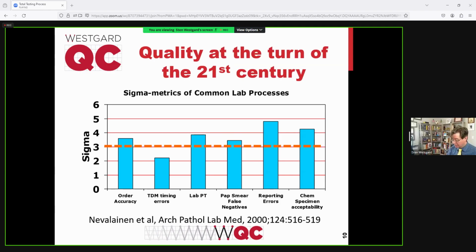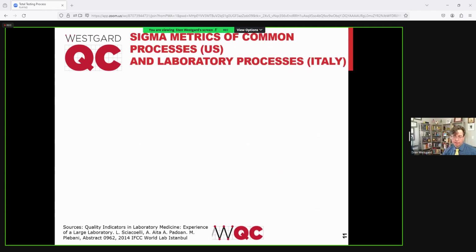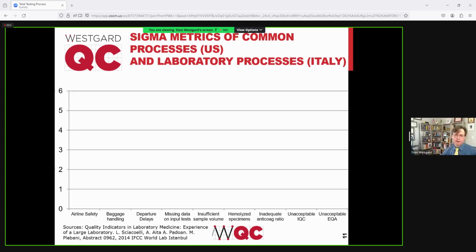So that did lead to evidence that these pre-analytical processes need some improvement, need to be focused on. And then this is about 2014. So we've had almost a decade and a half of focus on pre-analytical errors.